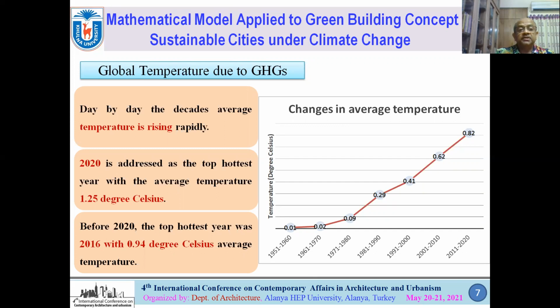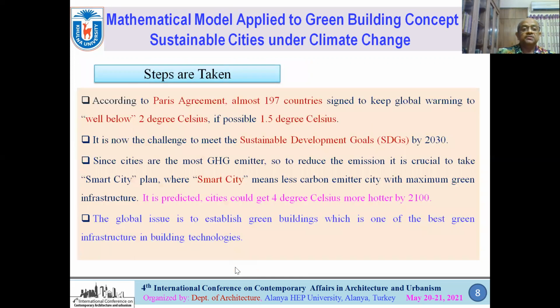So this is the decade-by-decade average temperature rising rapidly. You can see from 1950 to 2020, the temperature is rising very surprisingly, and it results in global warming and even climate change.